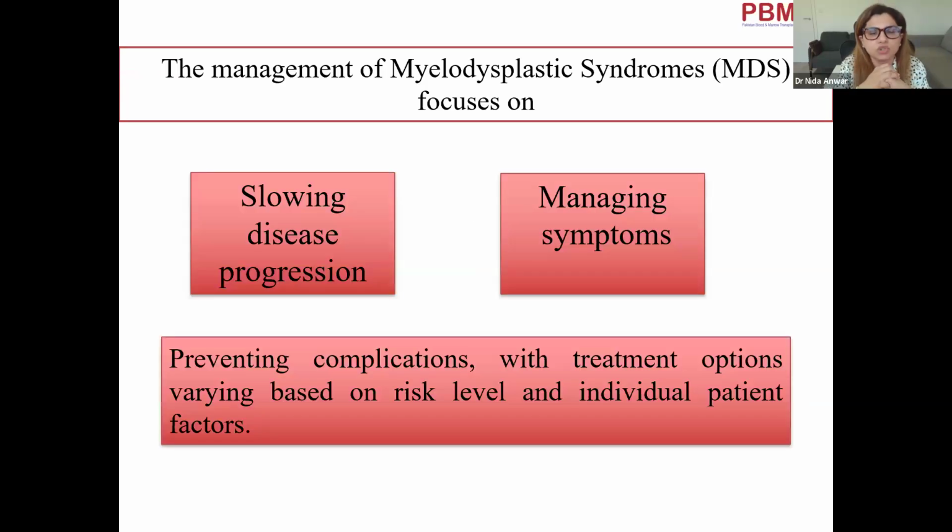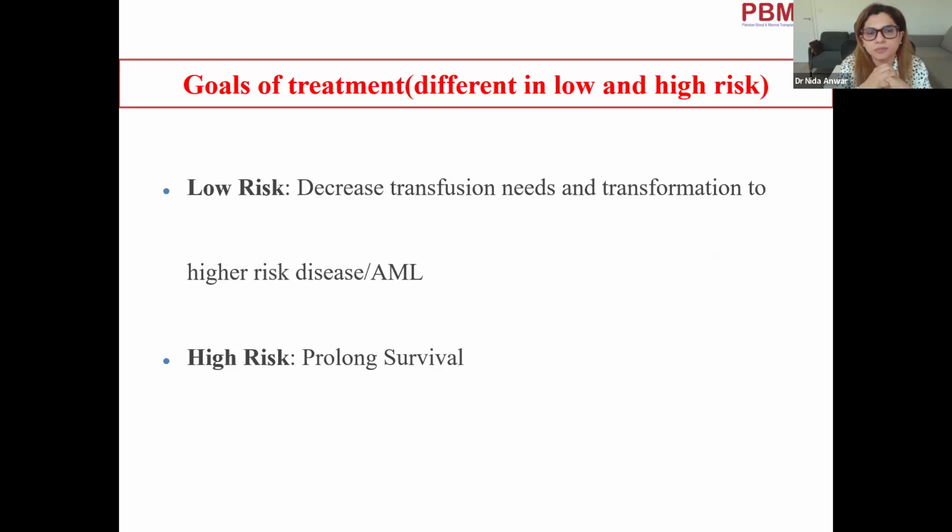So in general, the management of MDS focuses on slowing the disease progression, managing the symptoms, preventing the complications, and treating based on the risk level of the disease, keeping carefully in view the individual patient risk factors. The goals of treatment are different in low and high risk.